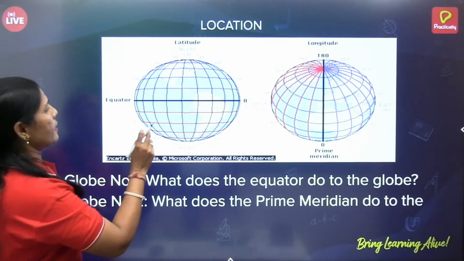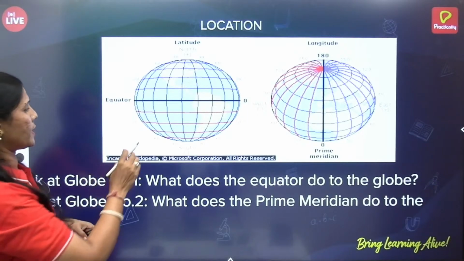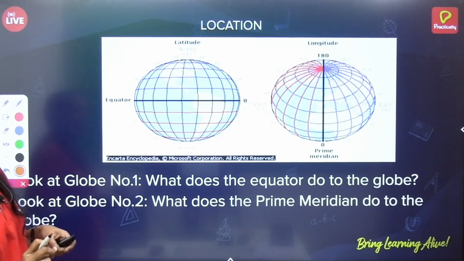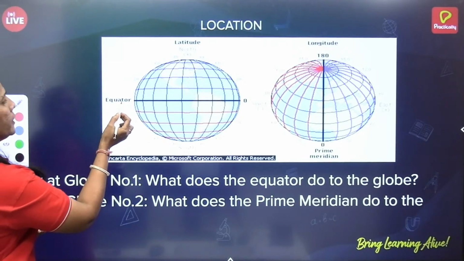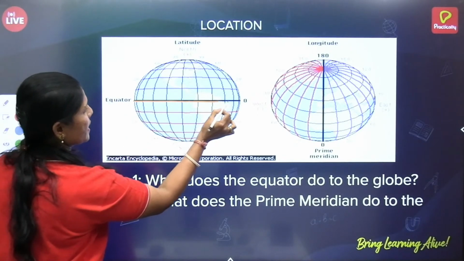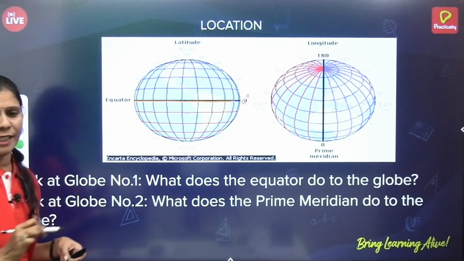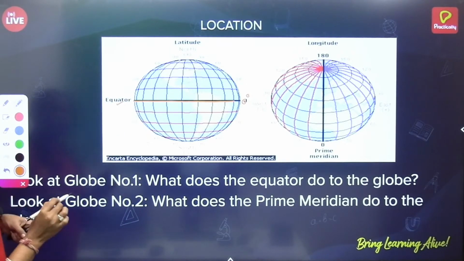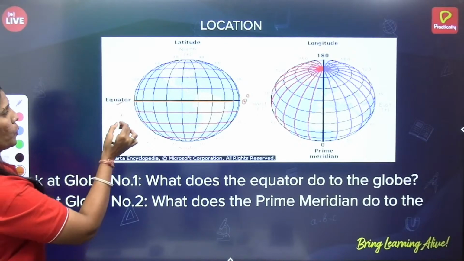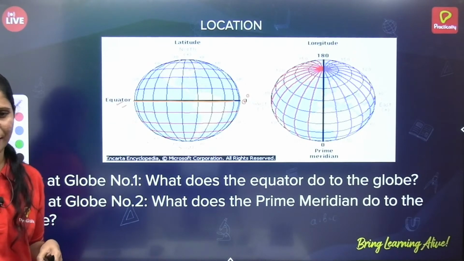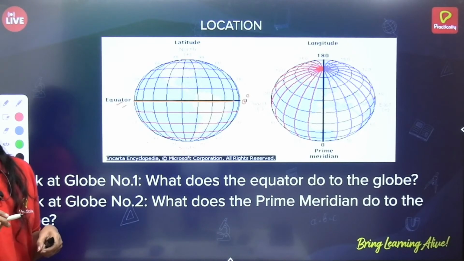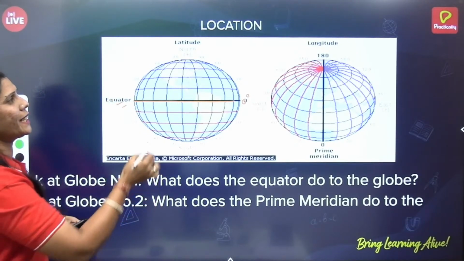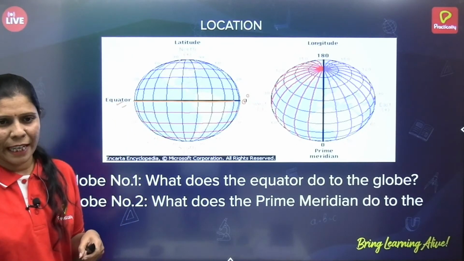So let us have a close look at globe 1. Look at globe 1, students, and here is a line which we call 0 degrees latitude. We call it the equator. What does this equator do to the globe? In image 1, you see that the equator is dividing the globe into two parts.